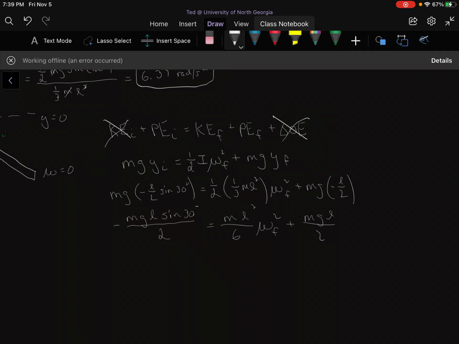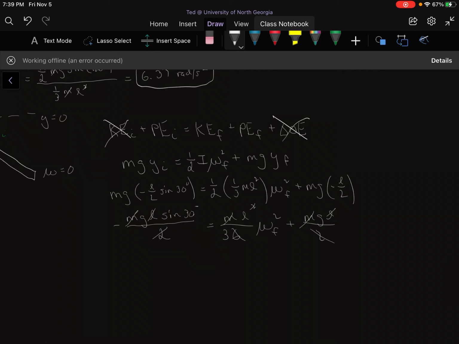Seems like the first thing to do is to divide everything by mass. Next thing might be to divide everything by L. One of my L's cancels. Next thing might be to multiply everything by 2. I would get rid of that and turn that into a 3 and get rid of that.